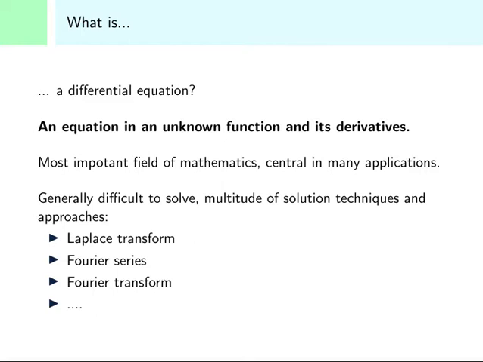For example, as already mentioned, we will use the Laplace transform to solve ordinary differential equations. Later on, we also have a look at Fourier series and the Fourier transform, and there are many, many more techniques that people have developed over the centuries in order to get a grasp of differential equations.